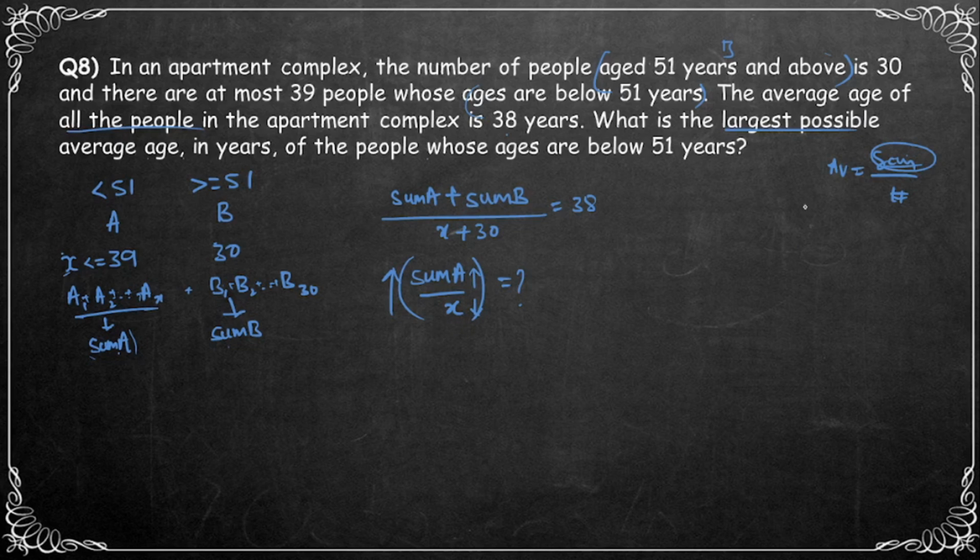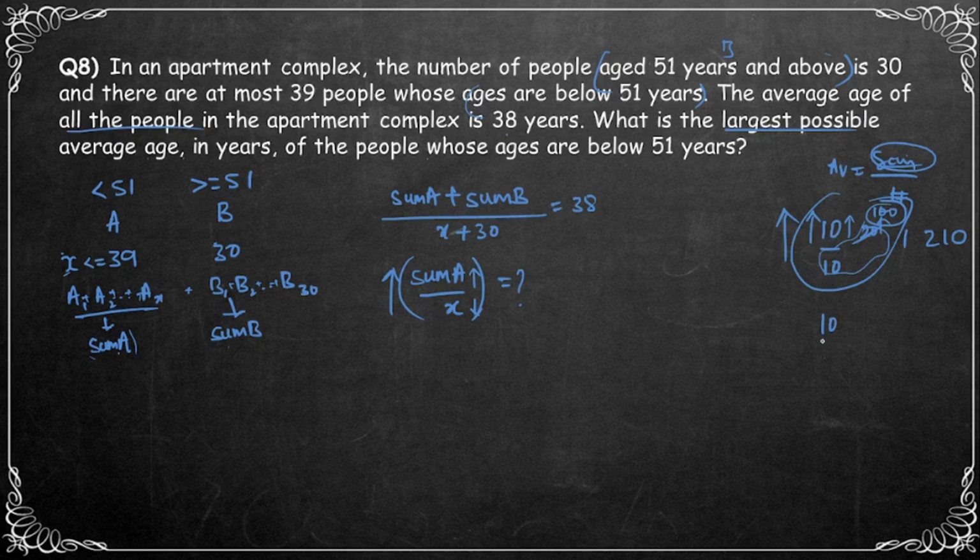Let me show what I mean. So let us take an example. 10 by 10 is a fraction, let's say. Its value is 1. Now if I increment the numerator to, let's say, 20, the overall value of the fraction will be 20 by 10, which is 2. If I increment the numerator to 100, so 100 by 10, it is 10. So that means if I choose the largest possible numerator, the overall value of the fraction will also increase.